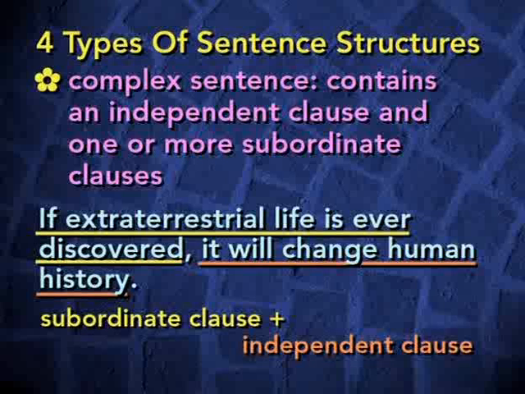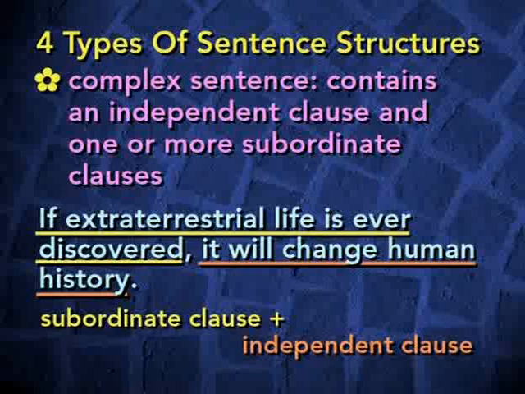So the two clauses work together to express one complete idea. And therefore we have a correct sentence which is known as a complex sentence, because that's what a complex sentence does. It combines two different kinds of clauses, one an independent clause and the other a subordinate clause, makes them into a whole to express a single thought.